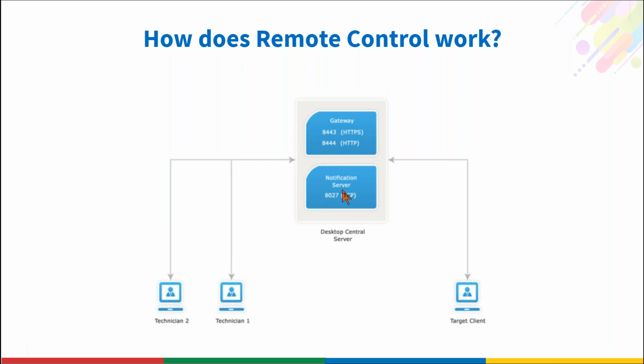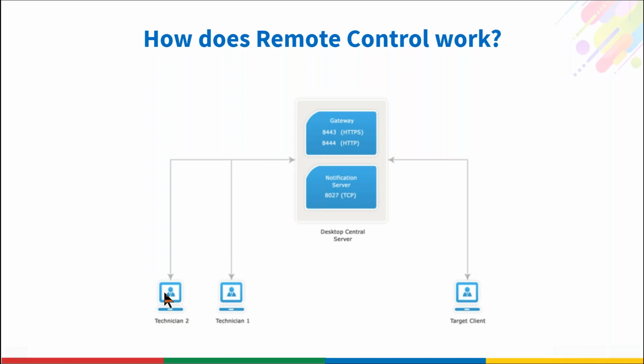The notification server component listens to the request sent by the technician and forwards it to the target machine where the Desktop Central agent is installed. The agent will start the remote control services on the target machine, and these services will capture the images and send them to the Desktop Central server. The gateway component in the server will forward these images to technician 1.